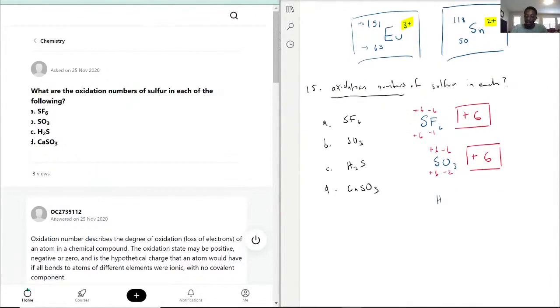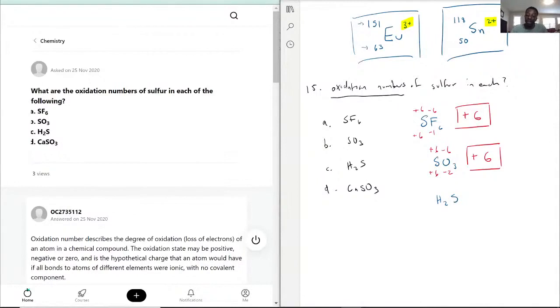Now, H2S. Hydrogen, except in situations where it's bonded with a metal, for example LiH, lithium hydroxide. No, that's not it.